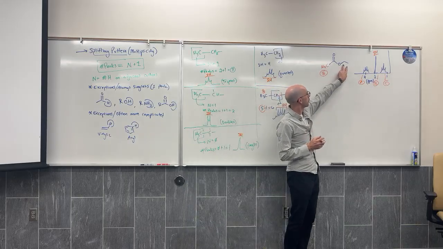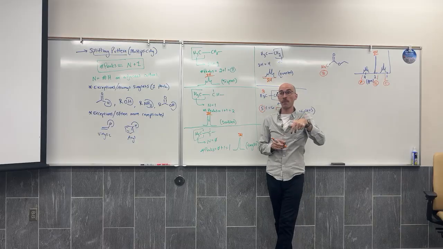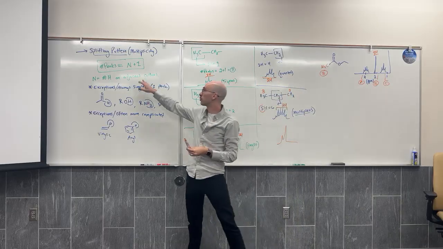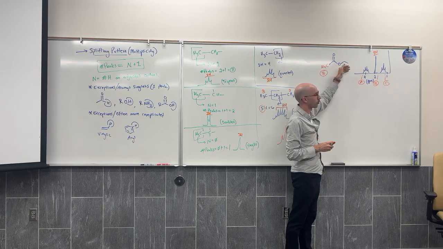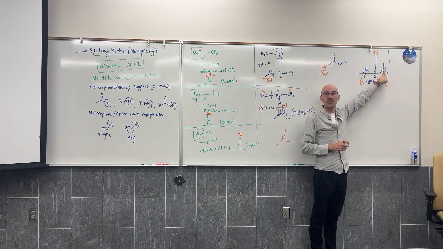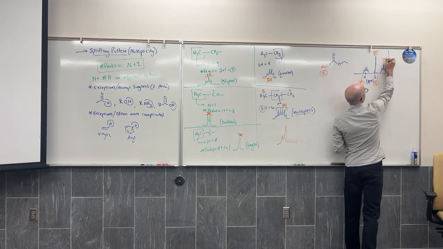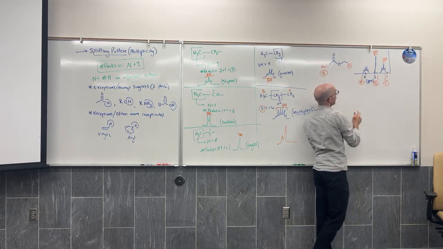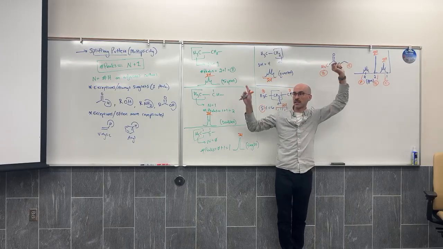Now I've got another 3H, and I know that 3H has 2 neighbors, so it should show up as a triplet, 2 plus 1. And it's furthest away from the functional groups, so it should be the furthest to the right. Furthest to the right, I have a triplet, must be a 3H. That is group C.